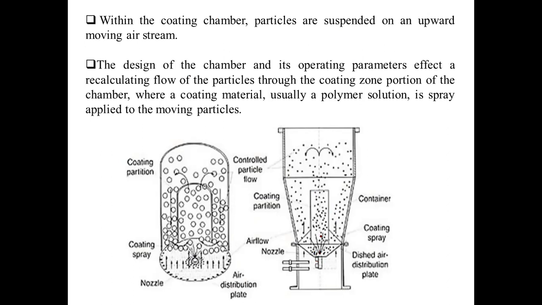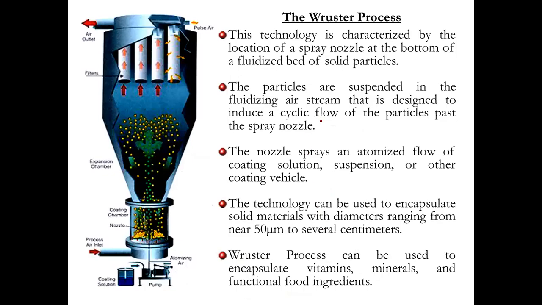We are supplying some air, and from the upper region we are supplying the coating material. So these particles rotate in a horizontal or circular way, and they come in contact with our coating solutions, which are supplied by spraying, and they get encapsulated. Obviously the air is also helpful for the drying purpose.